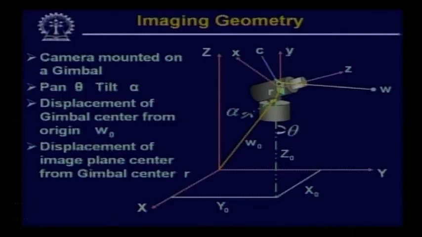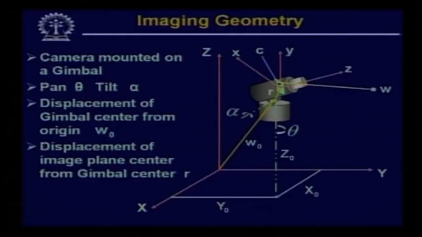We also assume that the gimbal center is displaced from the 3D world coordinate origin 0 0 0 by a vector w naught, which is equal to x naught, y naught, z naught. And finally, we also assume that the camera center, or the center of the imaging plane, is displaced from the gimbal center by a vector r, which will have components say r 1, r 2 and r 3 in the x, y and z direction of the 3D world coordinate system.